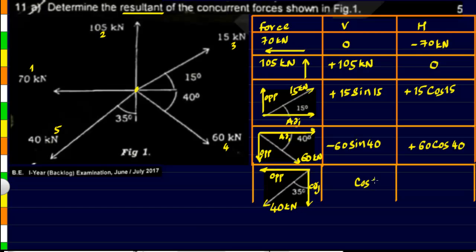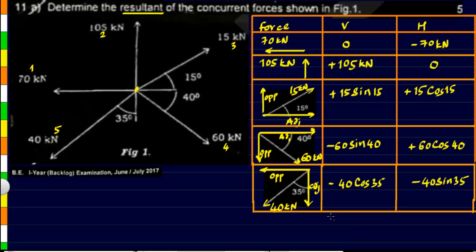So cos 35 has to be multiplied with the force, that is 40, and since it is acting downwards, we have to take it as negative. Coming here, we'll have to take this as 40 sine 35, and since it is acting on the left side, we have to take it as negative.